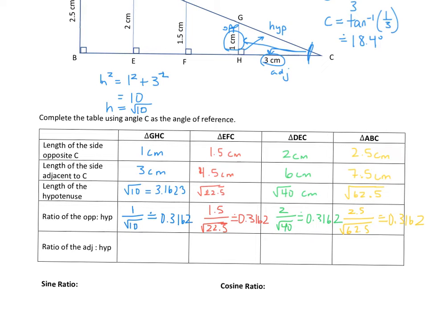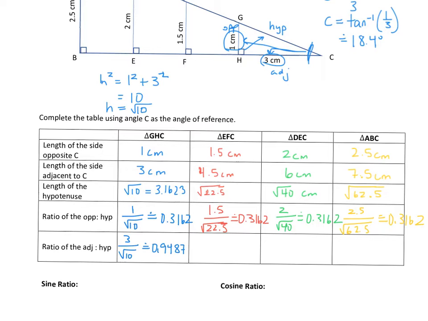All right, and similarly, we're going to do the ratio of the adjacent side, which in this case was 3, compared to the hypotenuse, which is the square root of 10. This time, we get approximately 0.9487, if you round that carefully.